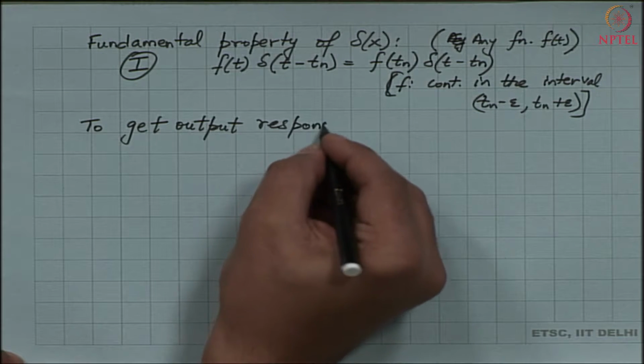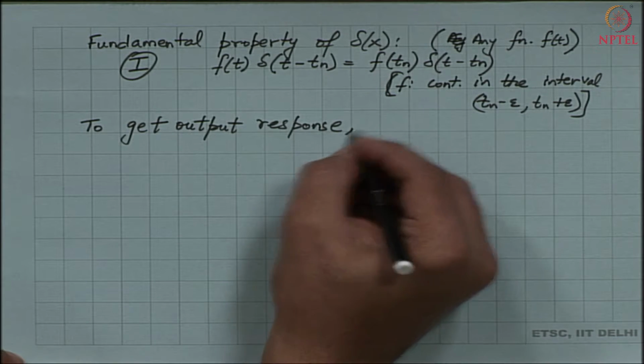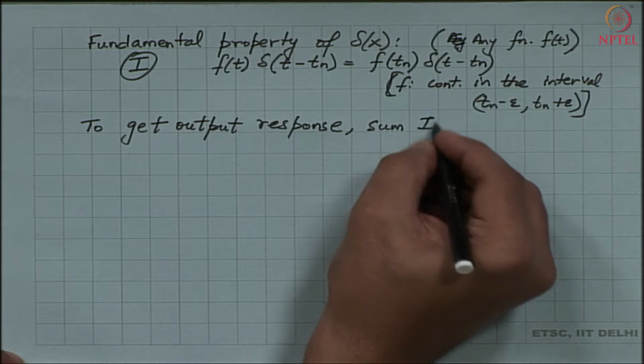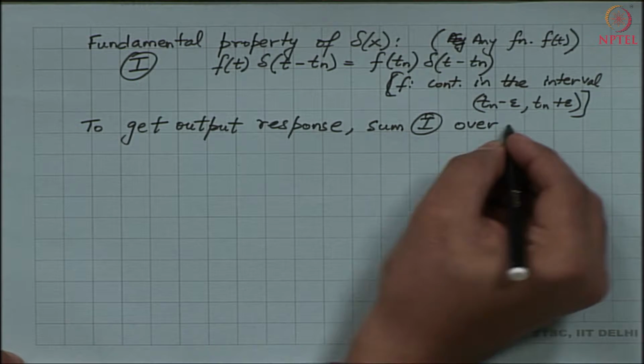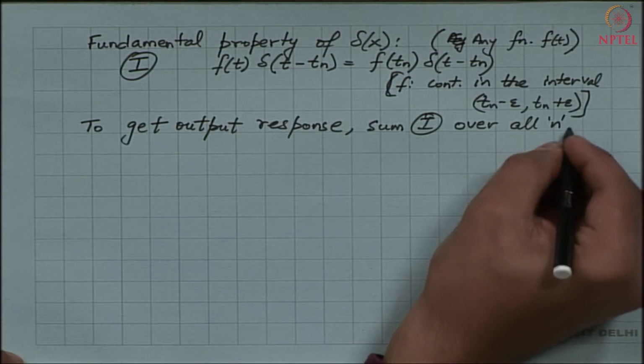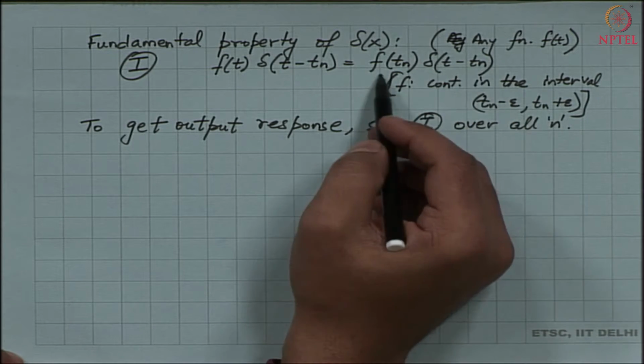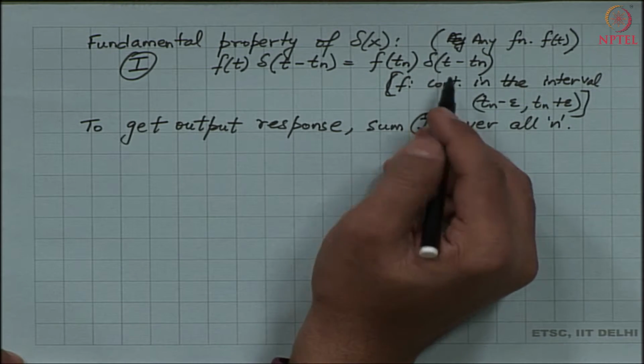To get the output response, I sum 1 over all n. So, whatever time points I have the information, I sum it over all such time points.